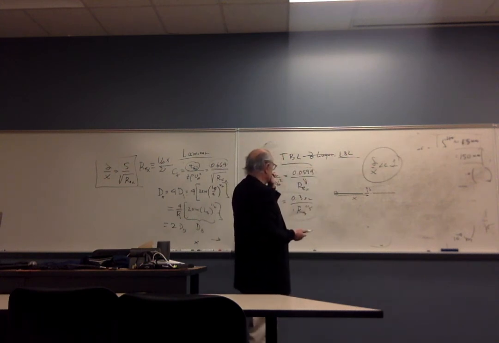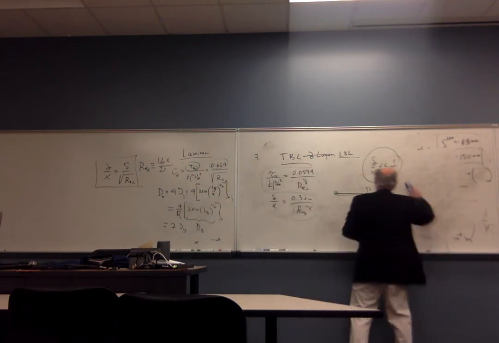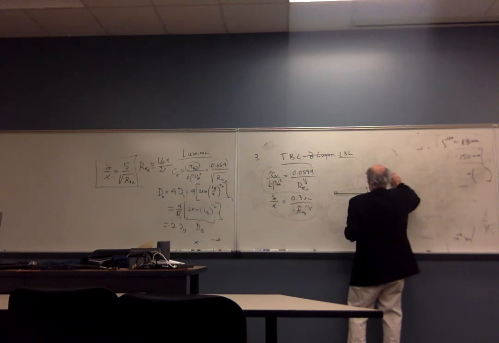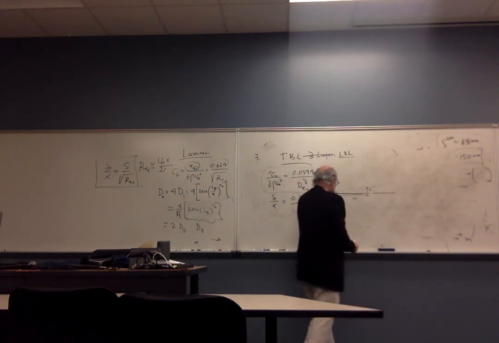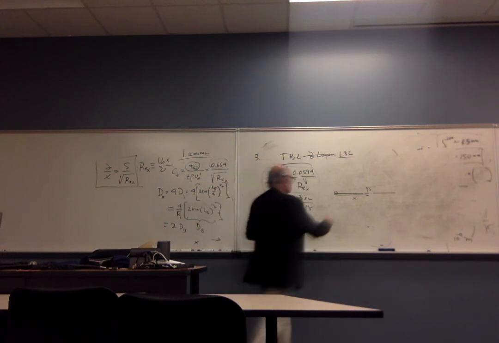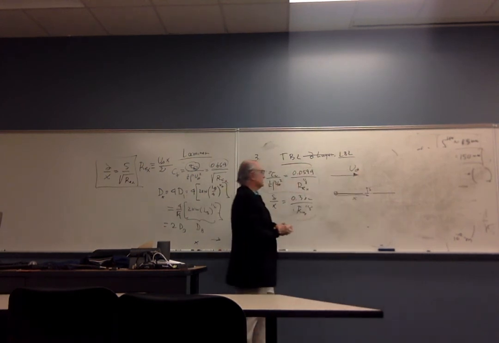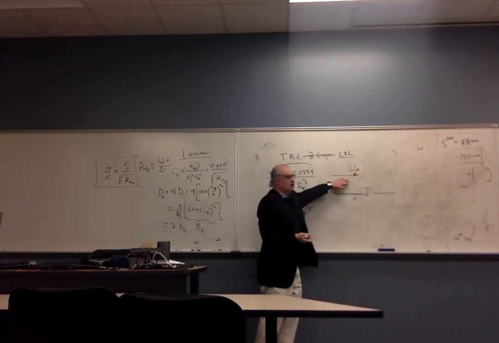Okay, so that's very important. The next question is this. So we got that situation figured out. What else? When we're outside the boundary layer, way out there, what kind of flow do we have?